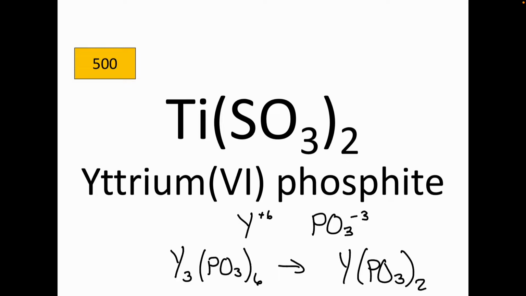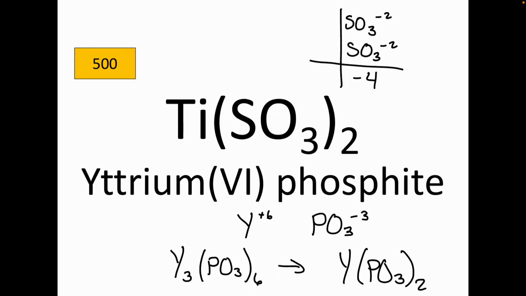So then for the other one, this is SO3. What's SO3? Sulfite, right? Because SO4 is sulfate. And then we got titanium. Titanium lives where on the periodic table? Transition metals. So maybe this was a little bit of a hint, but you have to include the Roman numerals. So I'm going to have to first figure out the charge on that titanium ion. And I'm going to use the fact that there are 2 sulfite ions, each with a charge of -2.